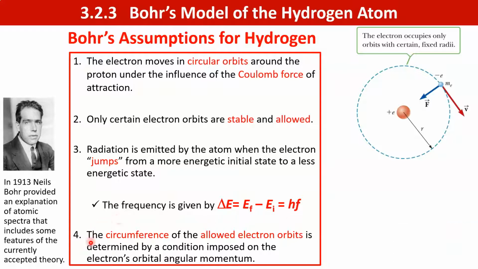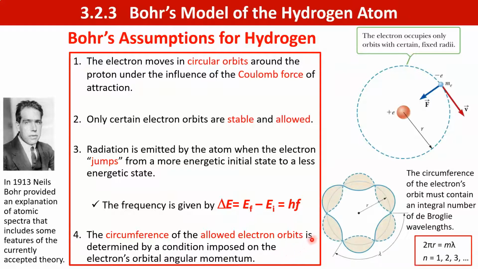And then the fourth one, the circumference of the allowed electron orbits is determined by a condition imposed on the electron's orbital angular momentum. The circumference of the electron's orbit must contain an integral number of the de Broglie wavelength, where 2πr equals mλ, and m equals 1, 2, 3, and so on.